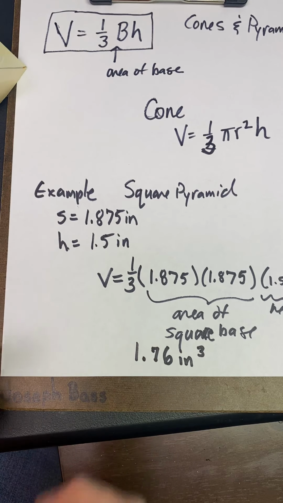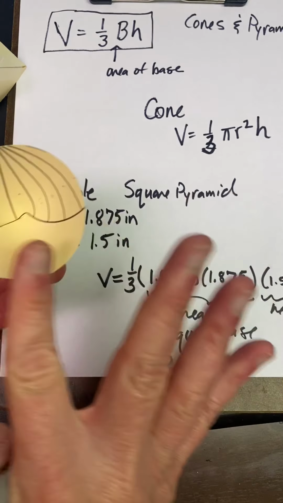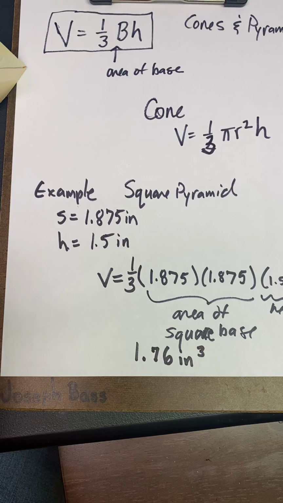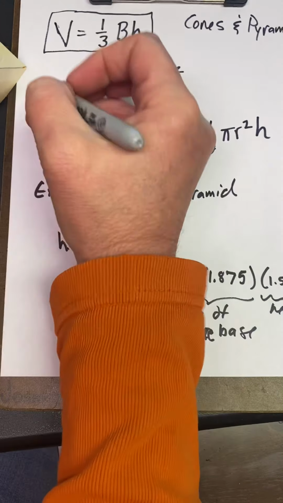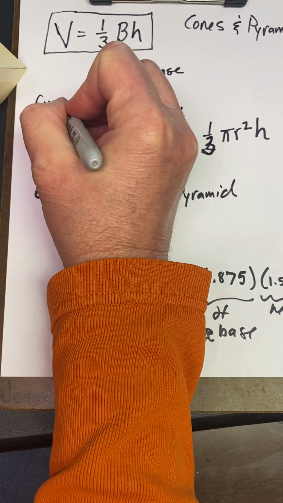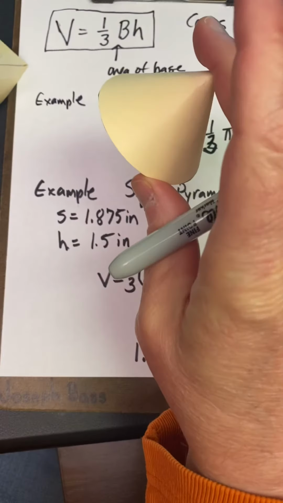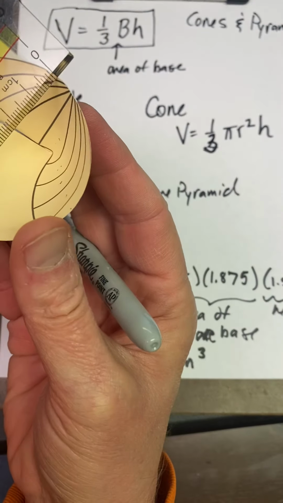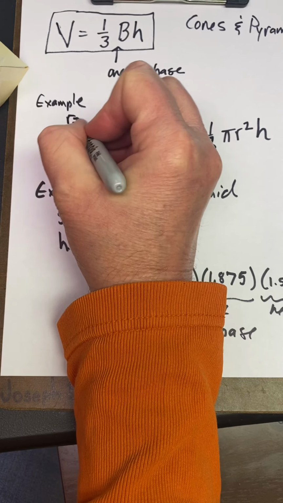What's the volume of this cone? Well, let's find the area of that base, pi r squared. The r here is, let's see, looks like it's 6 centimeters across. So my example cone, if I want to find the volume of this cone, it's pi r squared for the area of the base, and it looks like the diameter is 6, so r is 3.